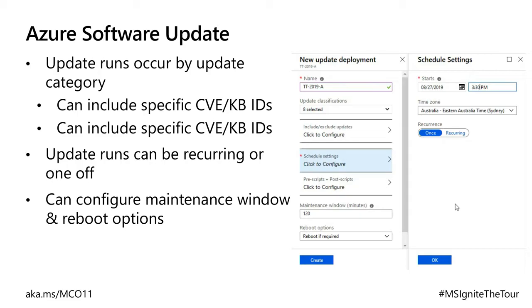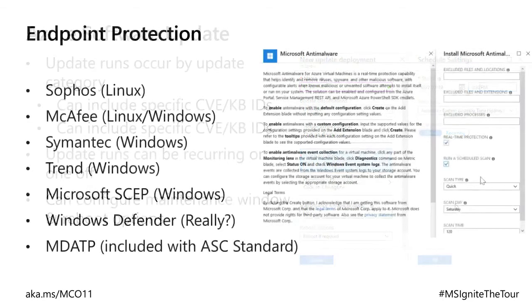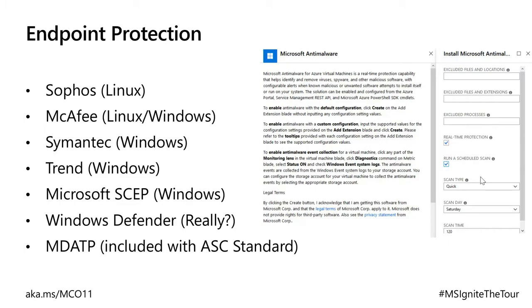You can choose to run it once off or as a recurring, and you can, if you want, exclude, I should have written exclude there, not include, specific CVEs or KB IDs. So if there's an update out there that you're not really happy with, and you don't want to apply it to your VMs, you go and write an exclusion in there and you say, yeah, go and apply everything except that one. I don't trust that one. That one's no good.